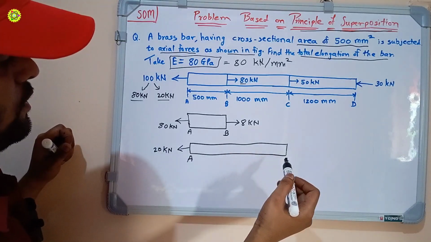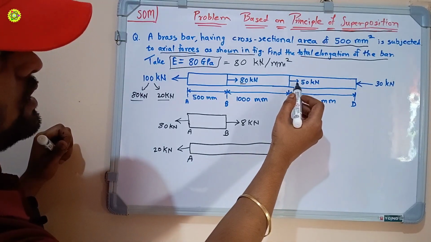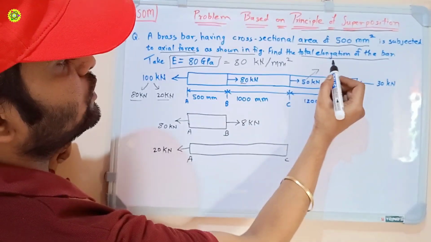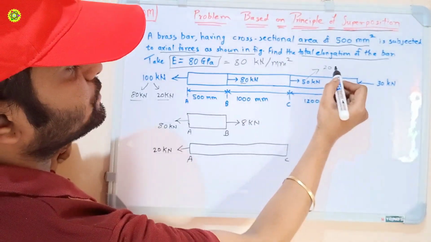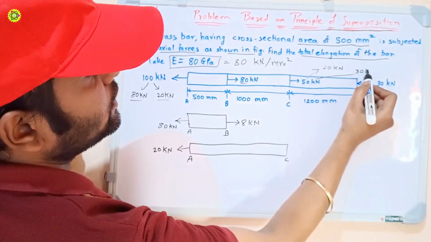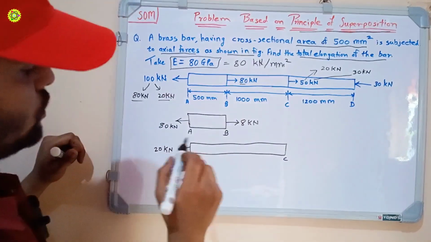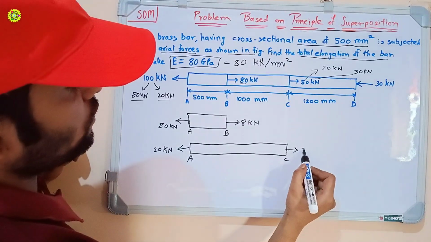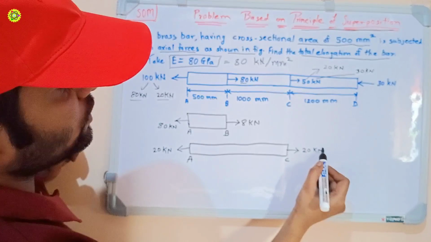At the opposite end there is also a tensile force, as you can see. We will divide this 50 kilonewton force into 20 kilonewton and another 30 kilonewton. So here also this is a tensile force of 20 kilonewton.